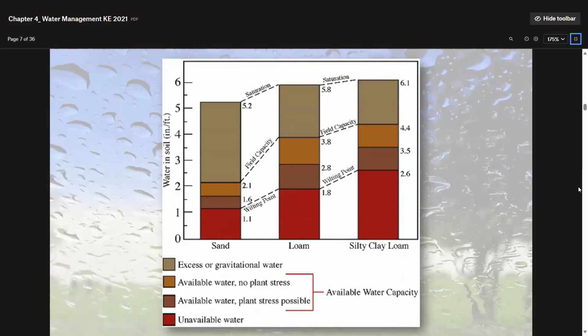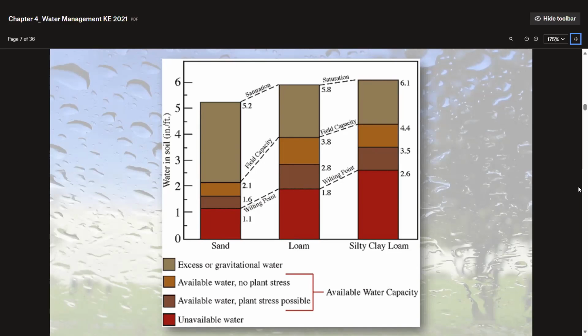Available water, which means no plant stress, is that kind of light orangey brown color, right? And you can see it's different. For sand, it's only about, what, 2 inches, maybe an inch and a half. Anyway, at 2.1 is your field capacity, right? And then you have a wilting point right after that.